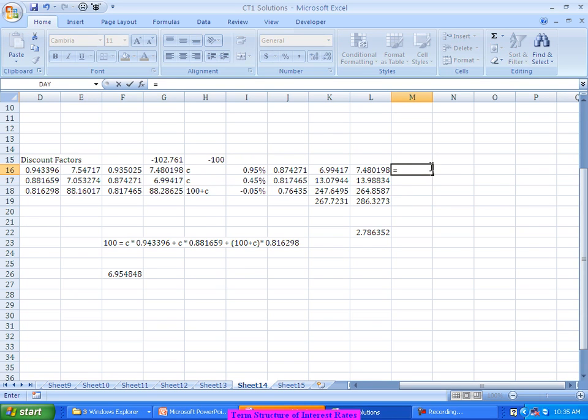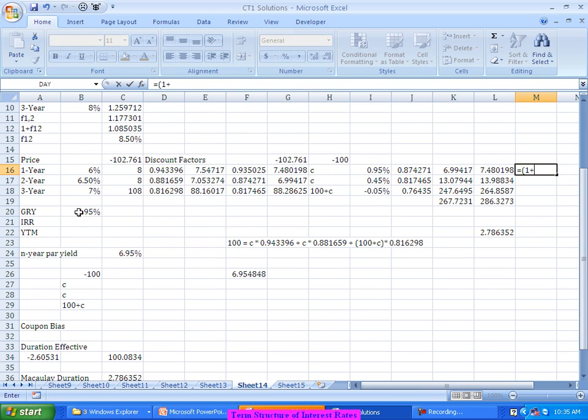All right, let me do that. 1 by 1 plus R cube, 1 by 1 plus R to the power 4, and 1 by 1 plus R to the power 5. These are the discounting factors.